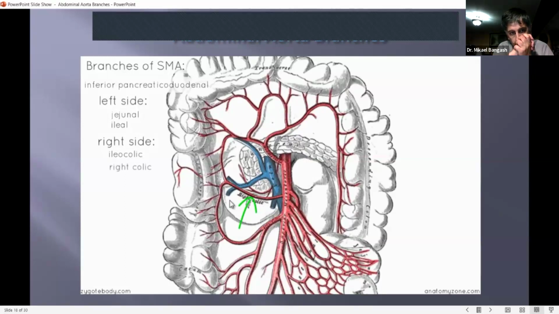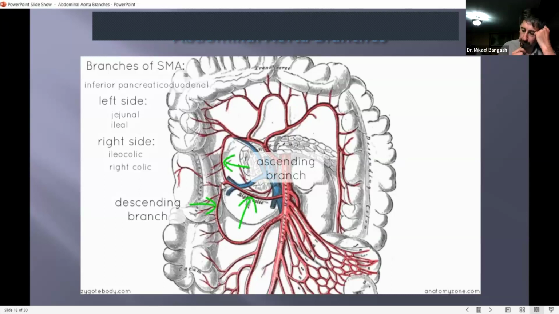So the right colic artery vascularizes the ascending colon, and again it's got 2 branches. You've got a descending branch which anastomoses with the superior branch of the ileocolic artery, and you've got an ascending branch which ascends up and anastomoses with the artery above it, which I mentioned at the start.